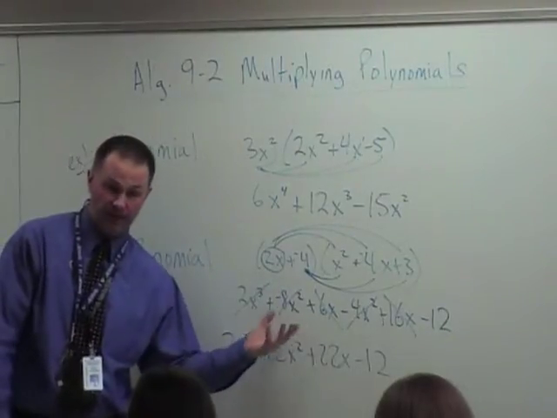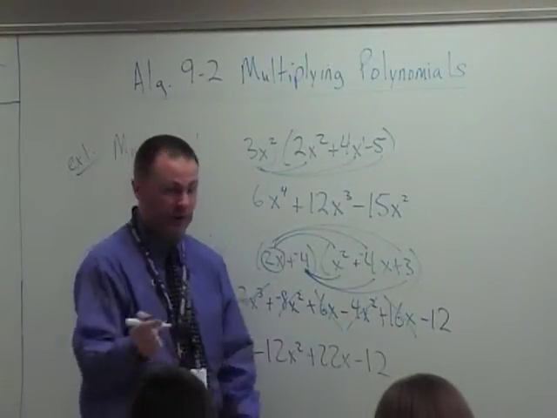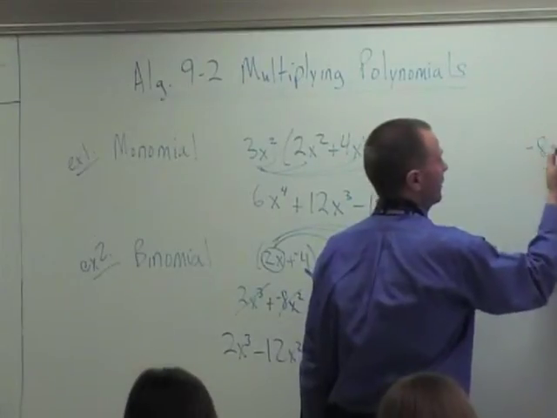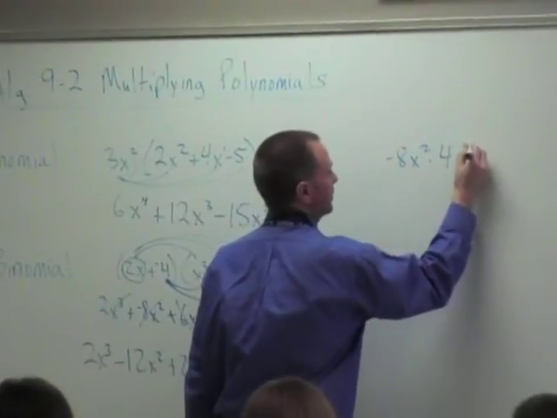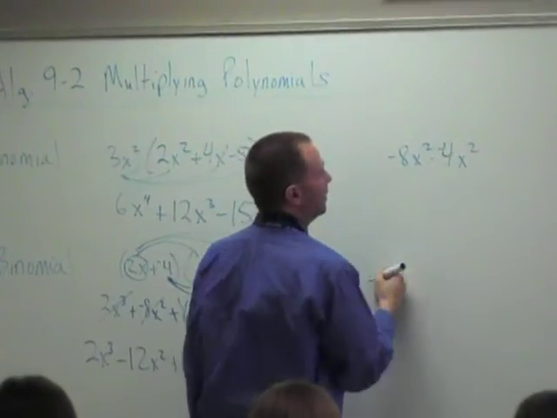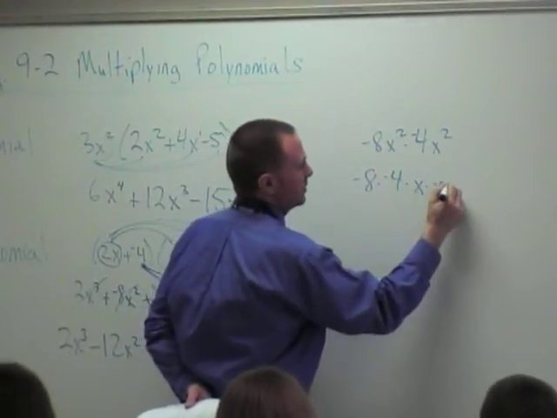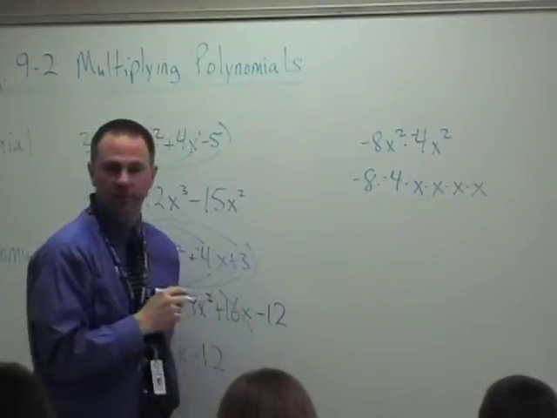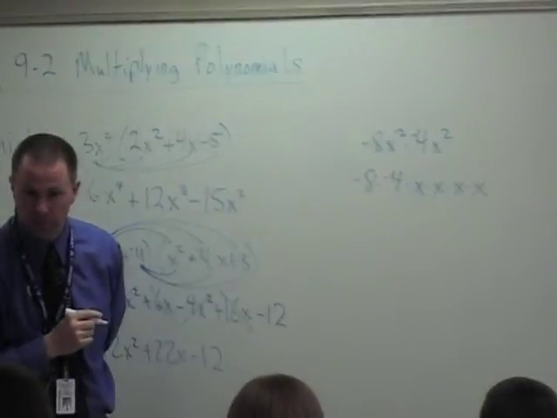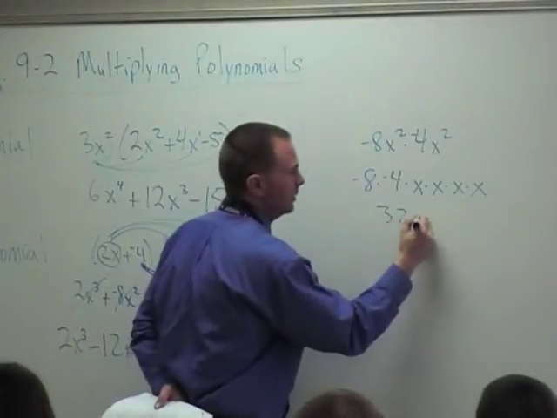I'm not multiplying them. So if I take, just for instance, negative 8x squared times negative 4x squared, really what I have is negative 8 times negative 4 times x times x times x times x. Is that true? Which is positive 32 x to the 4.